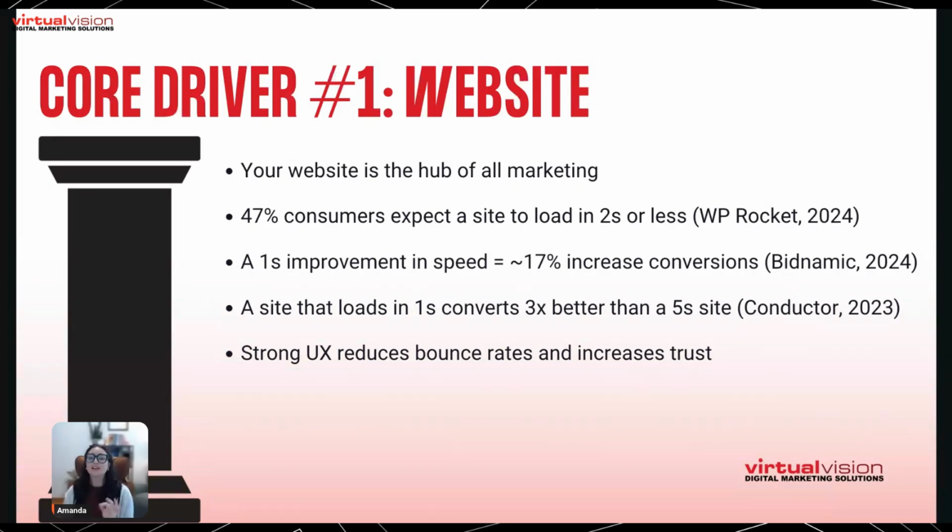The reality is that if your site is just a pretty face, which most of the time means it takes a little bit longer to load, your viewers are going to bounce to your competitor. A strong user experience, loadability, and usability reduces your bounce rates, meaning how many people are leaving your website, and it increases trust. And trust, as we'll continue to talk about, is the currency that matters here.